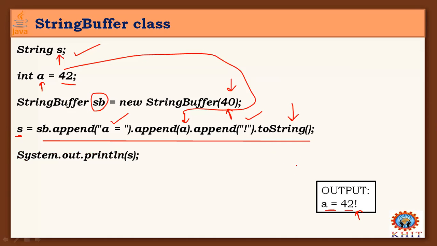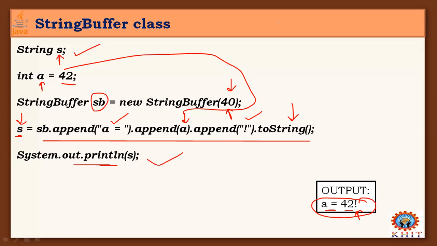And all these are converted into string and loaded into this string object S. So when it displays, it automatically gives the output like this. It appends everything after converting it into string, whether a symbol, string, character, or any other primitive built-in type, integer, character, whatever it is, right?